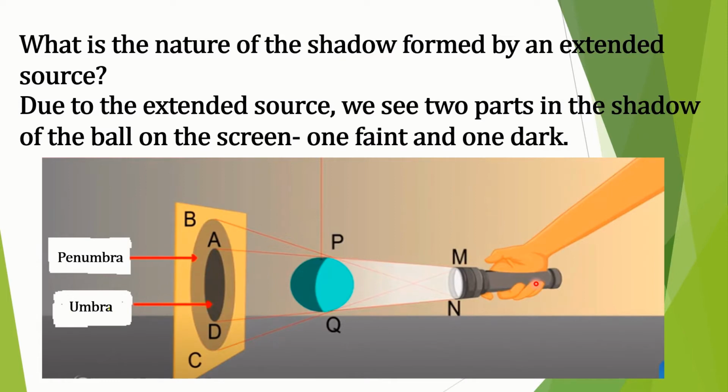Due to the extended source, we see two parts in the shadow of the ball on the screen, one faint and one dark.